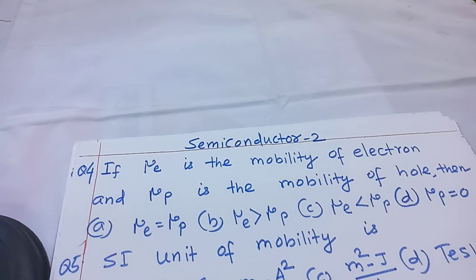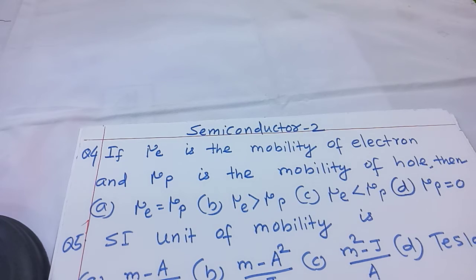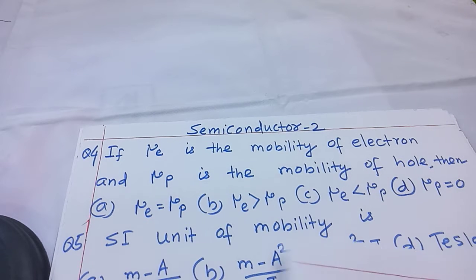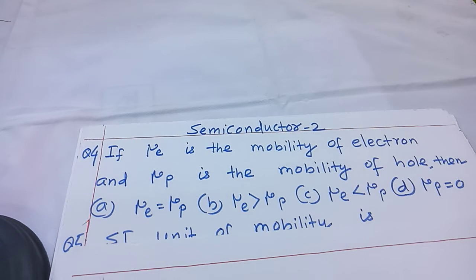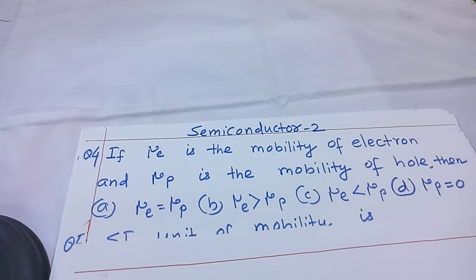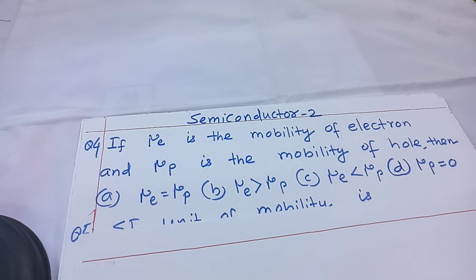Question number 4. If mu e is the mobility of electrons and mu p is the mobility of holes, then mu e equal to mu p, mu e greater than mu p, mu e less than mu p, or equal to 0. Actually, the mobility of electrons is greater than the mobility of holes. Electrons are highly mobile.